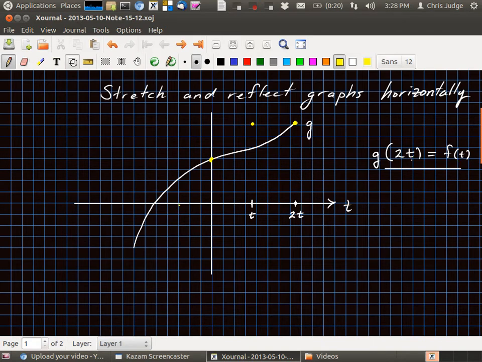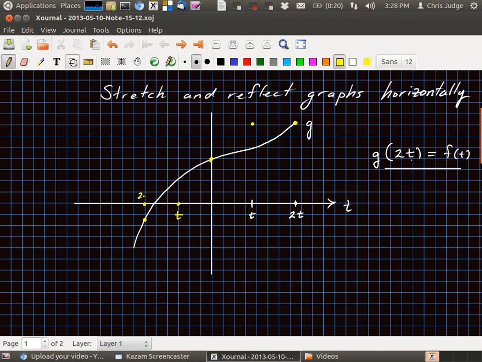But what if I'm over here? Suppose this is my t. Then I take twice that, so this is minus 3, minus 6. Look at the value of g at this point.